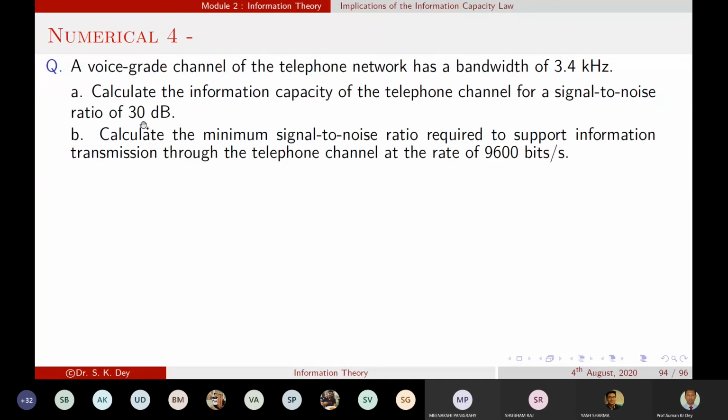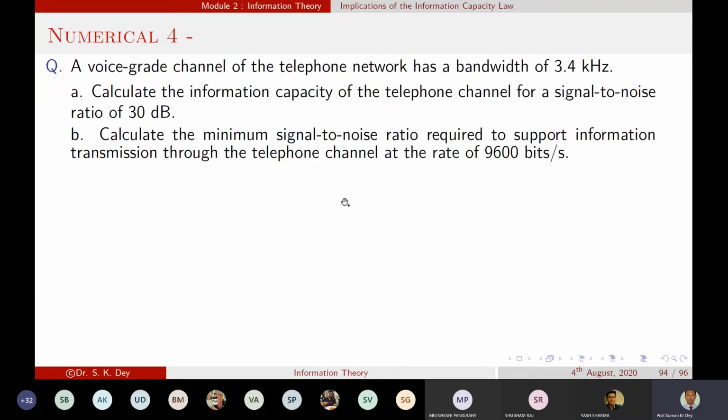Now 30 dB equals 10 log 10 base x, and we need to find the value of x. So x will be 10 to the power 3. Yes or no? Yes, sir. All of you got it?